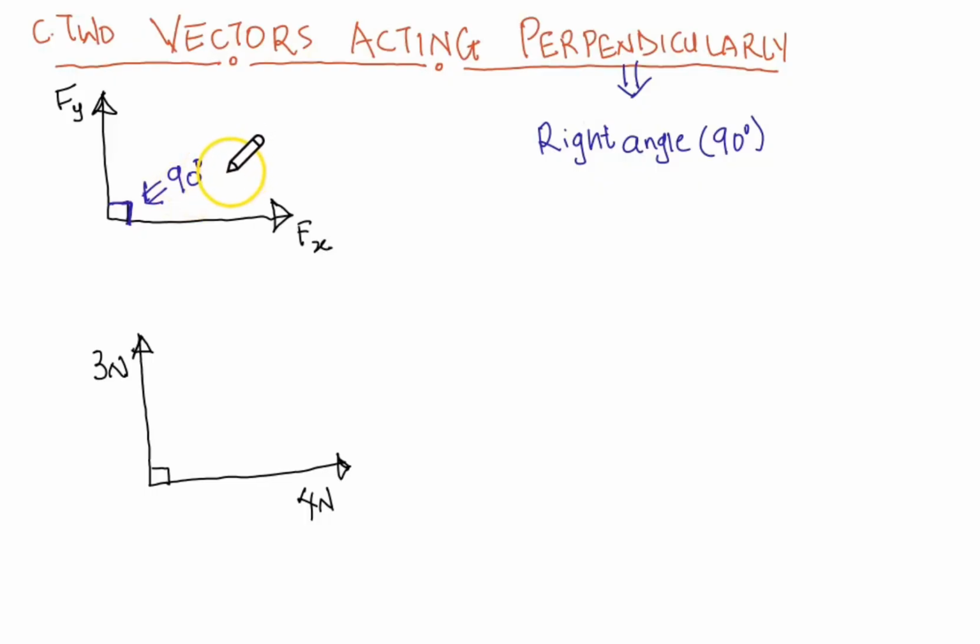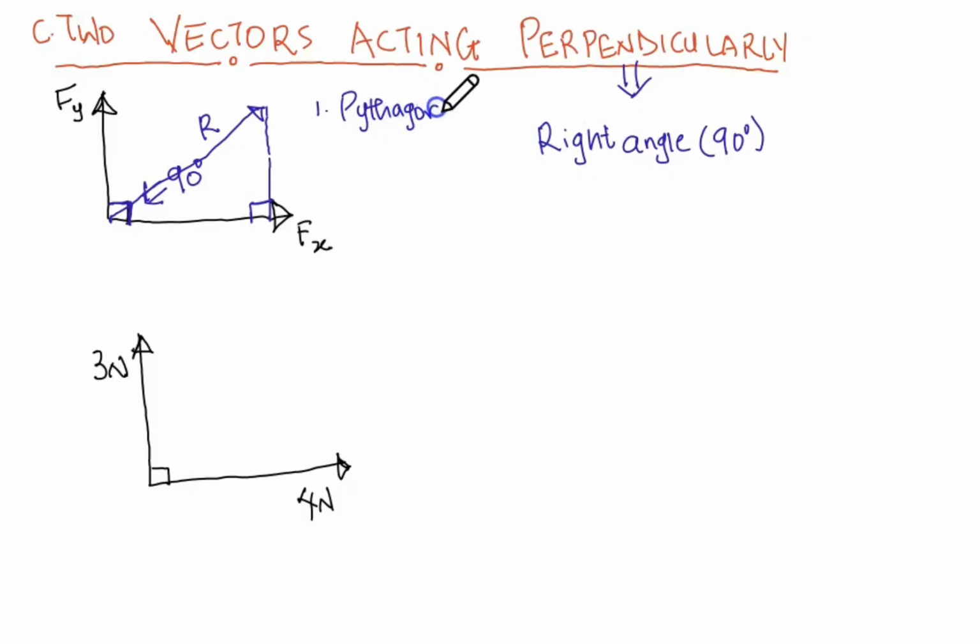Now when we have two vectors acting like this, the resultant, obviously, starts from this origin and moves outward like this. So we are going to have this as the resultant. How do we calculate the resultant? It's very simple. When you close this up, we are going to have what we call a right angle triangle. And in solving a right angle triangle, we apply the Pythagoras theorem.